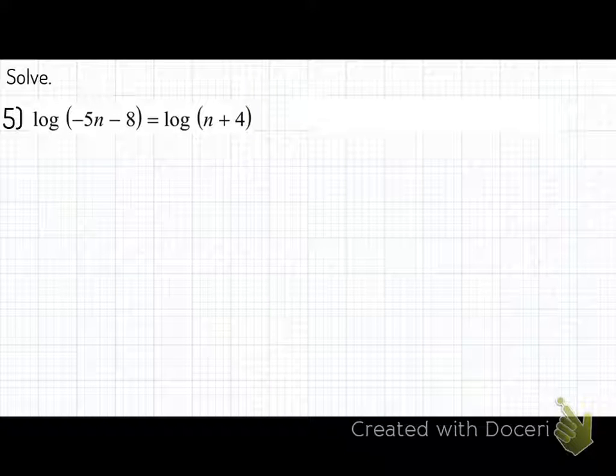Can't I go backwards and erase them? Not like number 1, where I added a log to both sides. What if I had a log of something equal to a log of something? Couldn't I take them away also? Yeah, we can. So this one you could just take away the logs. When it's a common log of something equal to the same common log of something, then you could just erase the logs. Does that make sense?